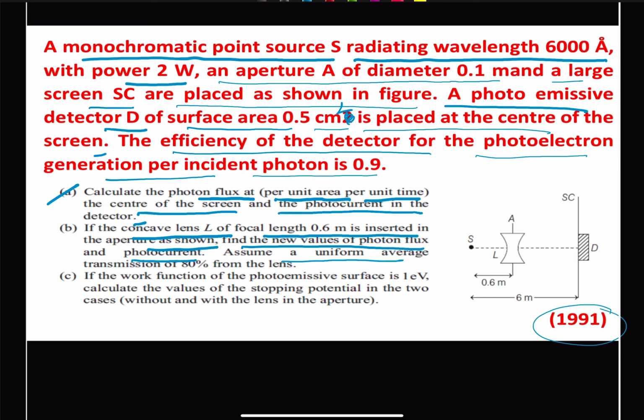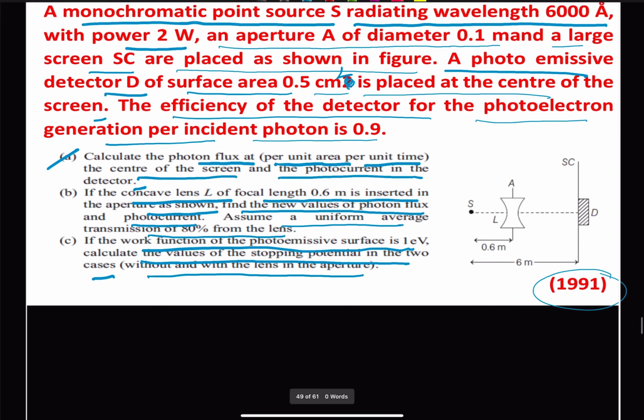Assume a uniform average transmission of 80% from the lens. And finally, if the work function of the photoemissive surface is 1 electron volt, calculate the values of stopping potential in the two cases, with and without the lens in the aperture.